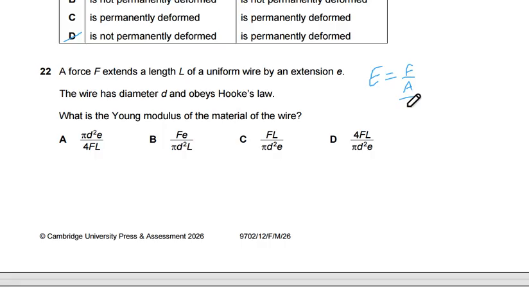Strain is extension, which is e here, over the original length, which is L. This can be written like this: F over A, which is π d squared over 4, times the inverse of this ratio in the denominator, so it is L over e. This 4 will go up, so it is 4FL over π d squared e.